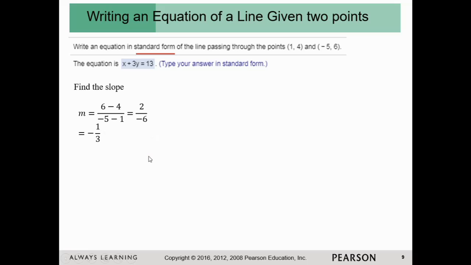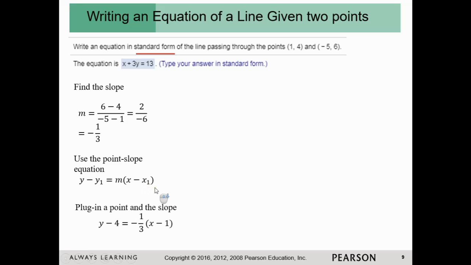So we found the slope. Next thing we're going to do is use the point slope equation. Y minus y1 equals m times x minus x1. We plug in, we choose one of the points. It's always handy to use the one that has the 2 positive coordinates in it.